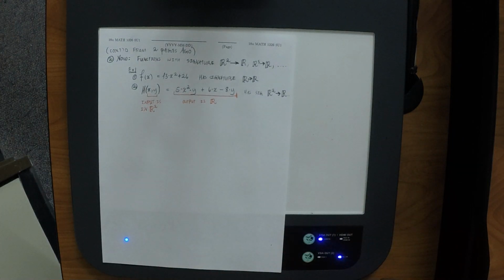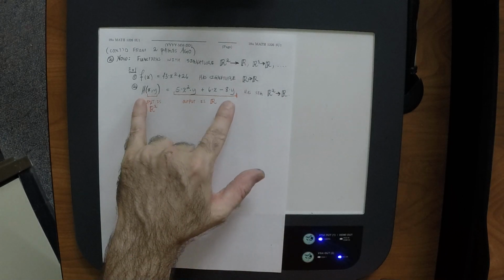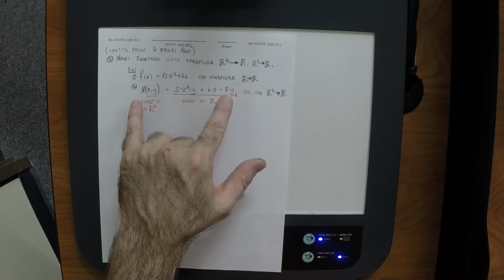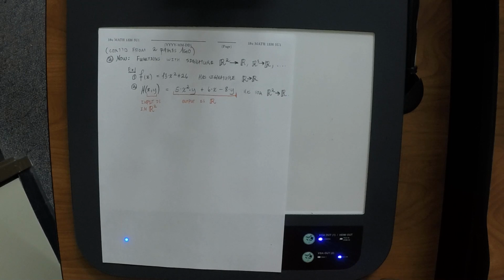So all of the calculus that we've done to now, none of it applies to this. This is a completely new situation. All right.